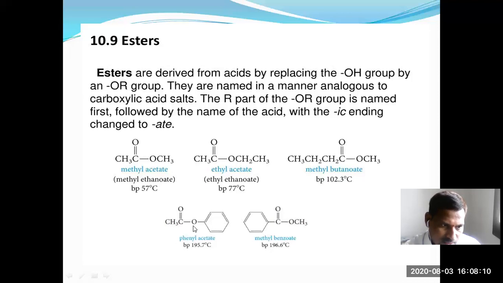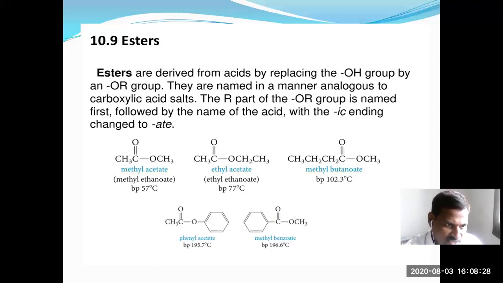In this one, the R of the OR group is a phenyl group. The oxygen is attached to the phenyl group, so phenyl acetate.